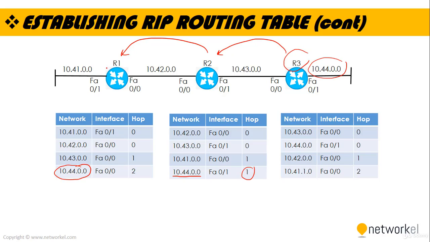Router 1 received it and said, hey router 2, if this 4.4 route is one hop away from you, that means it is 2 hops away from me, and installed it with a hop count of 2.